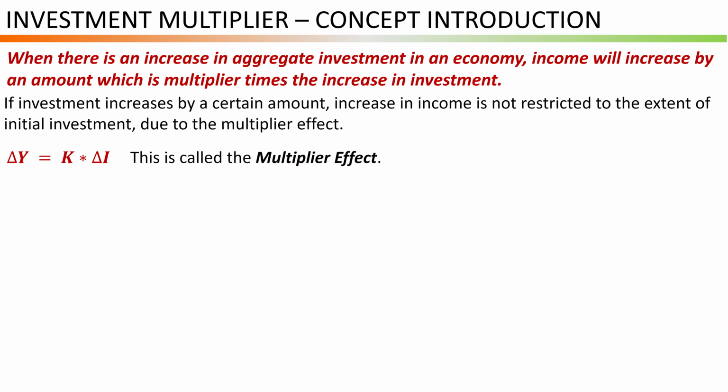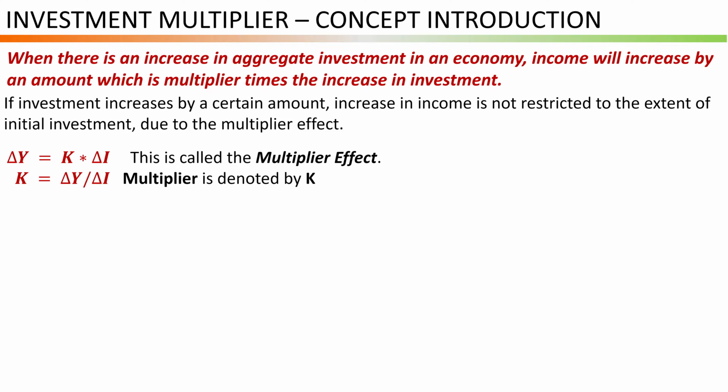The above definition of multiplier effect can be represented in the form of an equation. Delta Y is K times delta I. And from the above equation, we can derive the formula for multiplier.